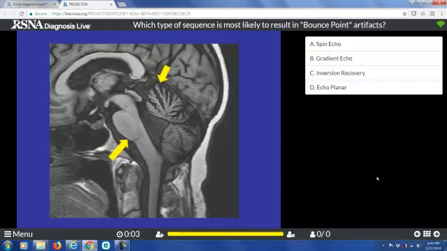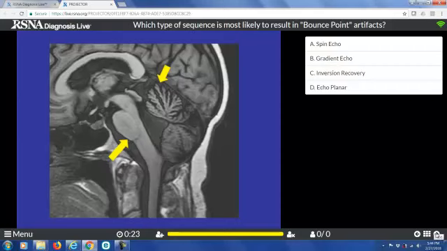Which type of sequence is most likely to result in bounce point artifacts? Here's a very nice example of bounce point artifacts. Do you think this type of image is likely to be a spin echo, gradient echo, inversion recovery, or echo planar?